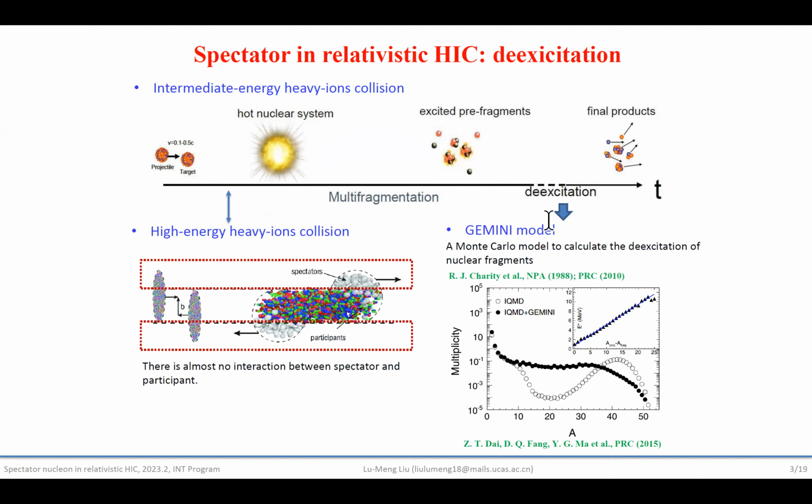After the de-excitation process, we can get the final products, which can be measured by the detector. And this result from Zhitao Dai shows the de-excitation process largely affects the final results, especially in the medium mass number region.